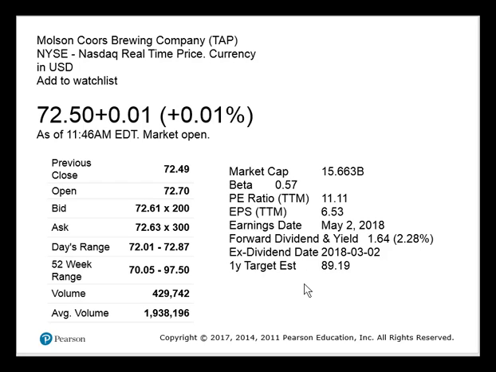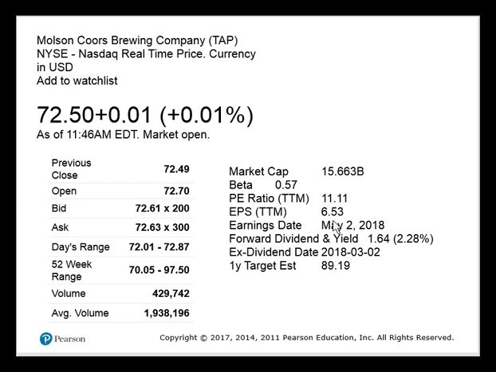Next, does the company pay a dividend? If you want to know if the company is in the dividend business, you look down here and there's always information. If the company did not pay a dividend, this would say NA. In this case, looking forward, this company pays a dividend, an annual dividend of roughly $1.64. So this is what they expect to pay.